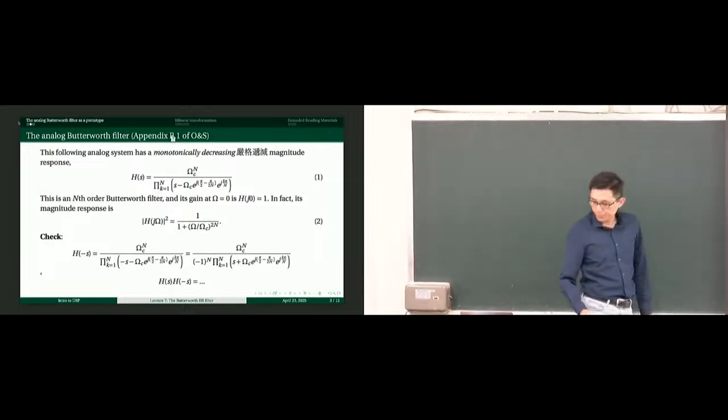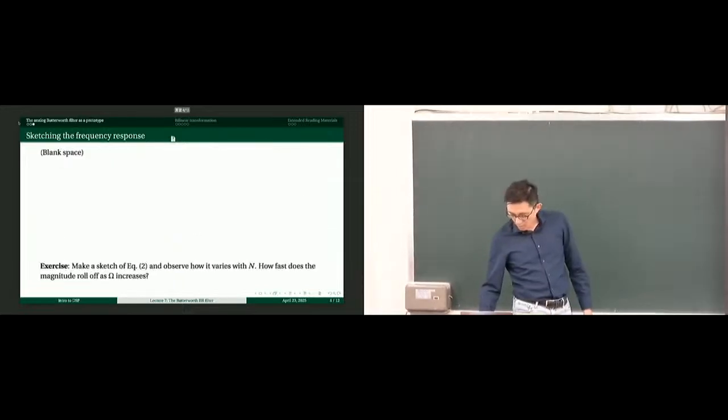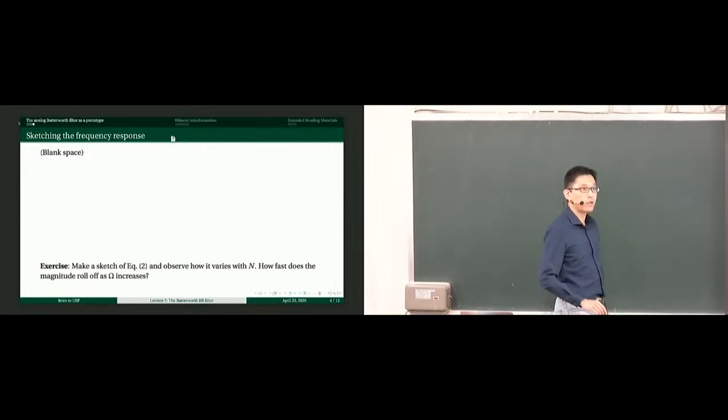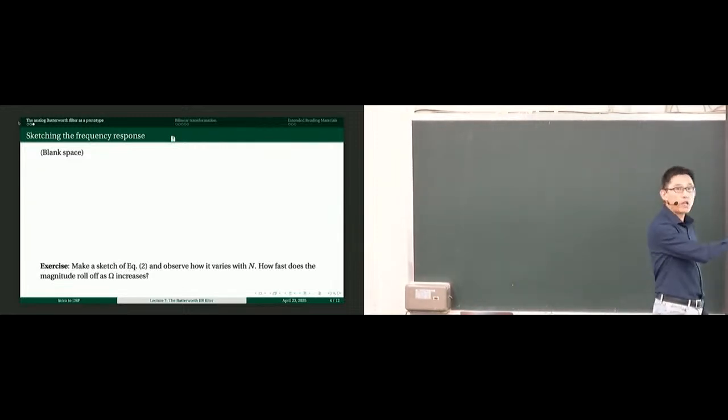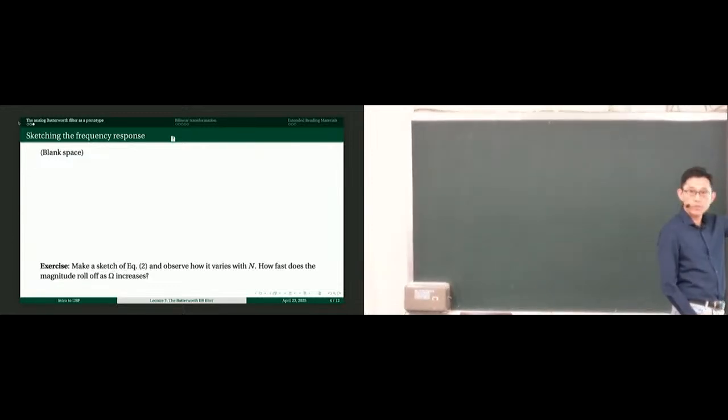And we have sketched how the response varies as n increases. With the same corner frequency, when n increases, you get a narrower transition. The gain drops from 1 to 0 faster, more rapidly.